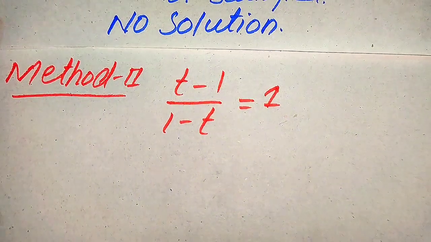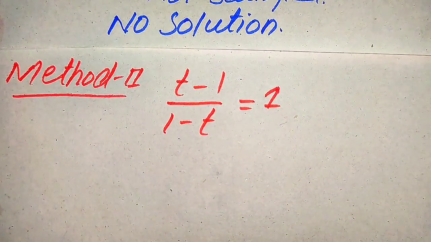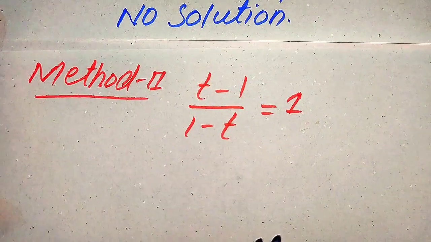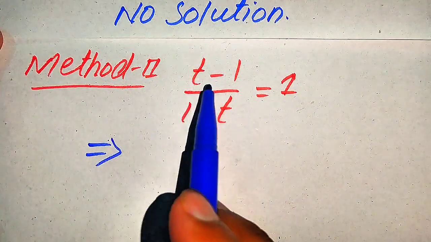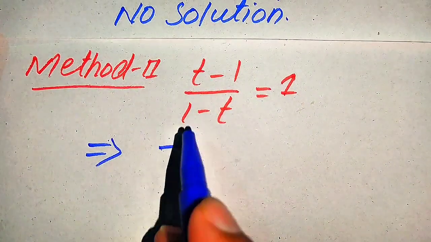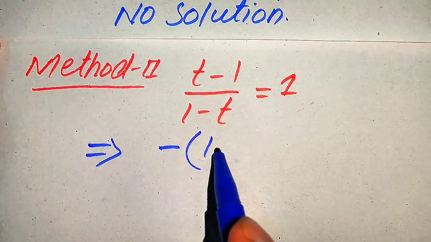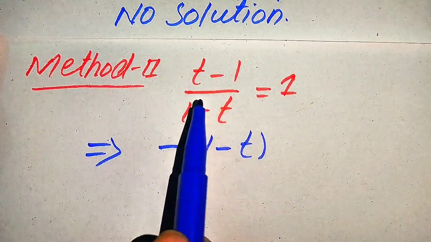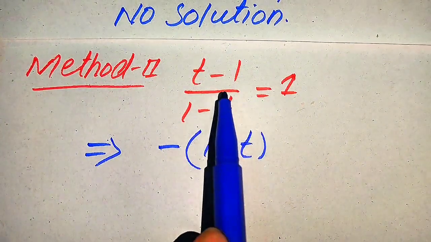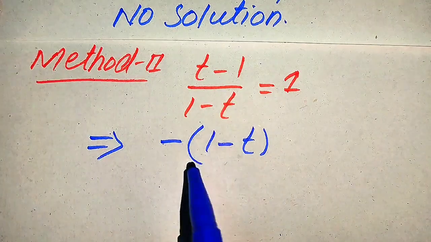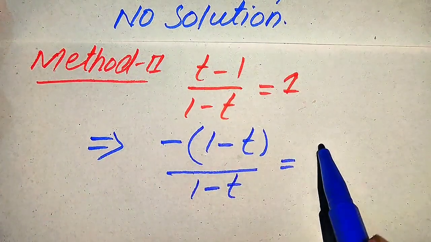And here in the second method we need some working in the left hand side, and if you focus on the numerator term, when we take common minus 1 from the above terms, it will be written as minus (1 minus t). When we take the common negative sign, you just change all of the signs of the expression. Okay, so it is divided by 1 minus t is equal to 1.